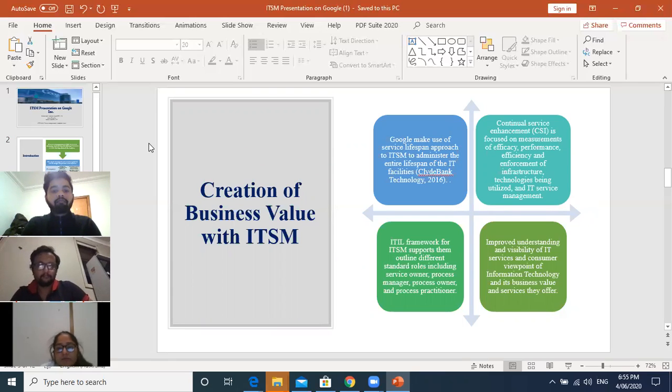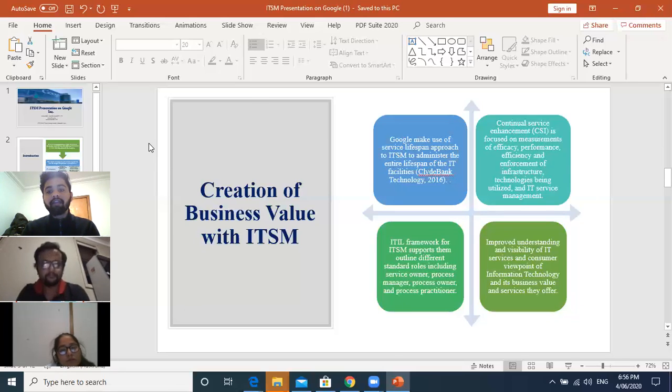Hi everyone. Good evening. Myself Rishabh, and I'm taking over from Madhu, and I'm discussing creation of business value with ITSM. Google makes use of a service lifespan approach to ITSM to administer the entire lifespan of IT facilities. The ITIL framework for ITSM supports them to outline different standard roles including service owner, process manager, process owner, and process practitioner.